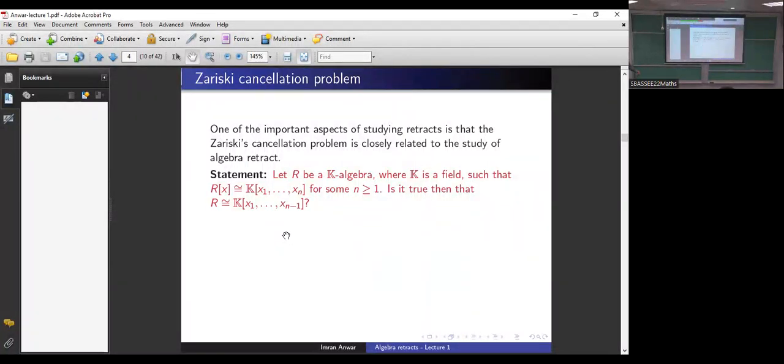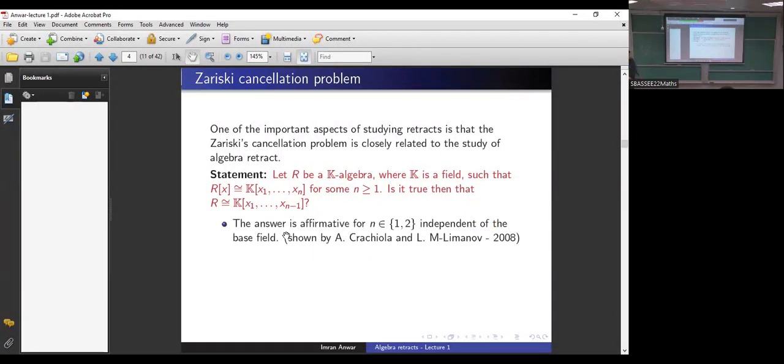The Zariski cancellation problem says that if R is a K-algebra, where K is a field, such that R[x] is isomorphic to a polynomial ring in n variables with n greater or equal to 1, is it true then that R is isomorphic to the polynomial ring with one variable less? So I drop this particular variable. Many people, including myself when I was studying algebraic geometry, always saw this as a trivial object, but it is not so trivial.